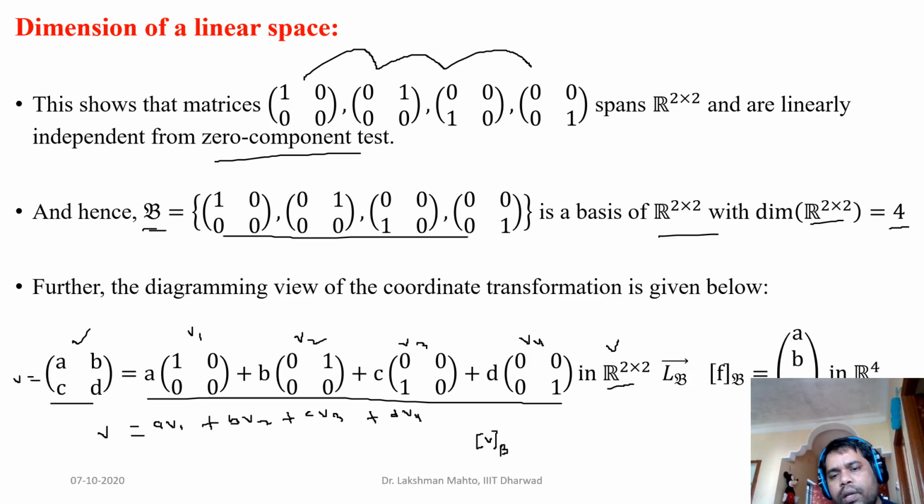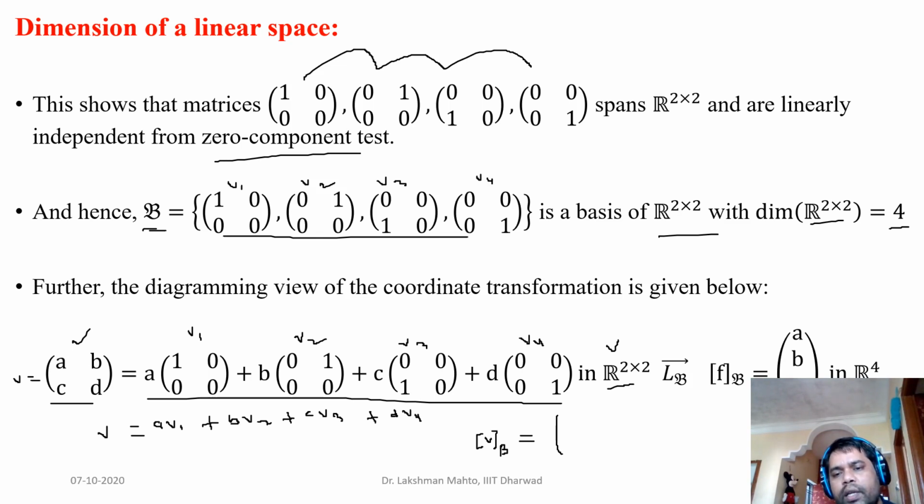So what is the coordinate of this vector with respect to the basis elements? This one is your V1, this one is V2, this one is V3, and the last matrix in the basis set is V4. What is the coordinate of V with respect to V1, V2, V3, V4 as a linear combination?